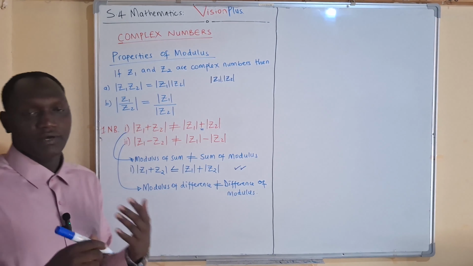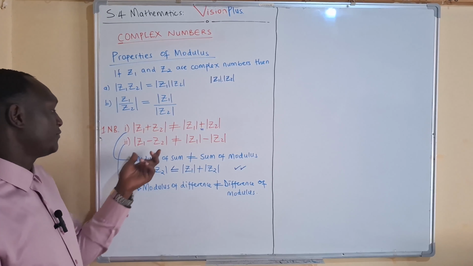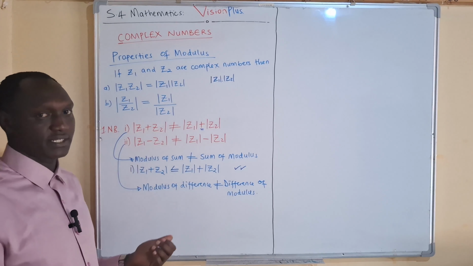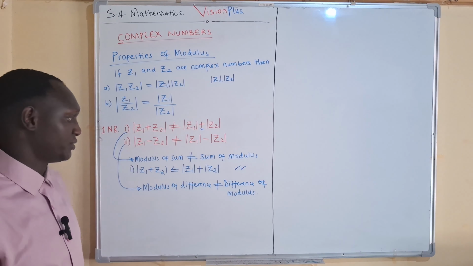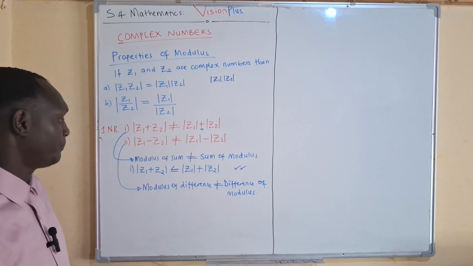That is, if you are given two complex numbers and you find the magnitude of their difference, it is not the same as the difference of their magnitudes.